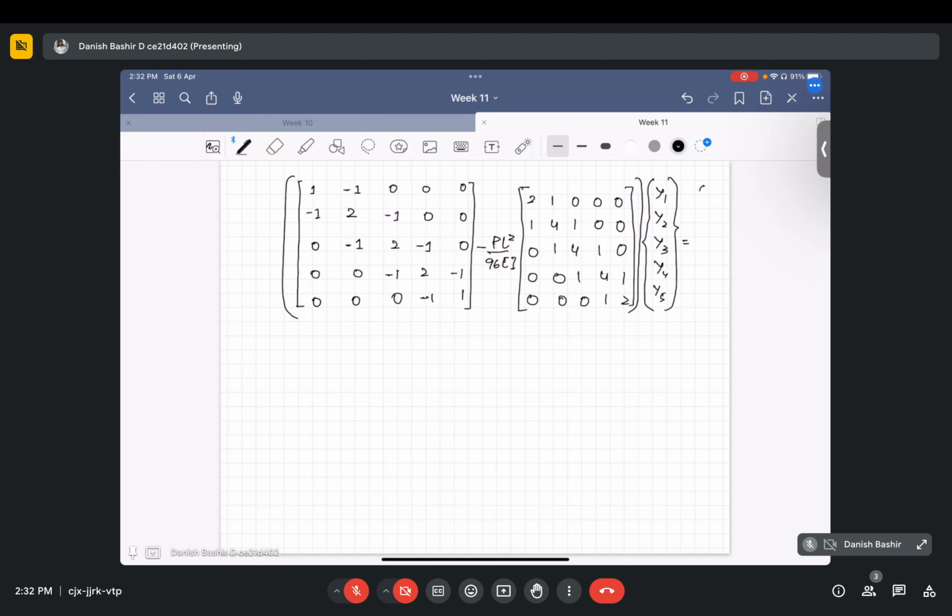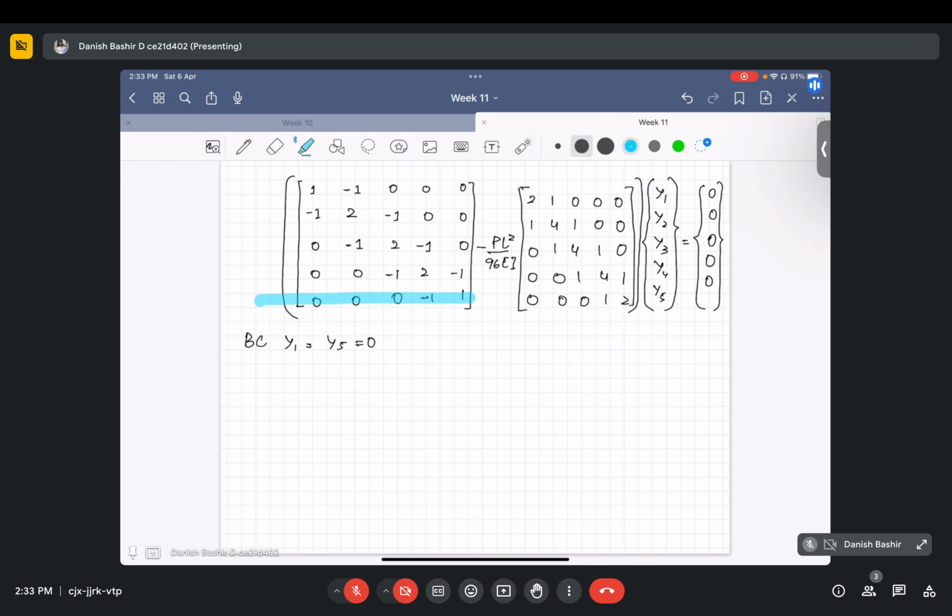Everything is equal to 0, 0, 0, 0, 0. Okay, so this is our global system of equations. After applying the boundary conditions, y1 equals y5 equals 0. I have told you the thumb rule.